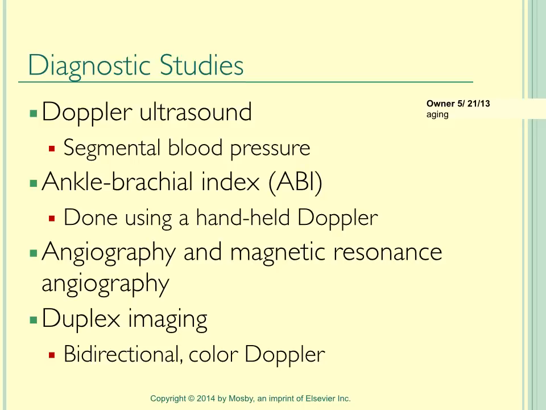The ankle brachial index is done using a handheld Doppler, and based on its numbers, it can tell you the severity of the peripheral arterial disease from mild to severe.